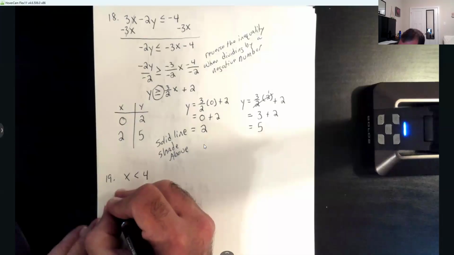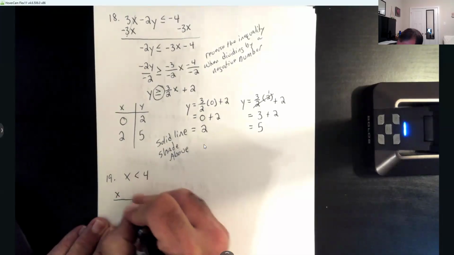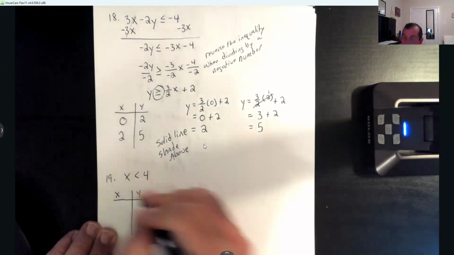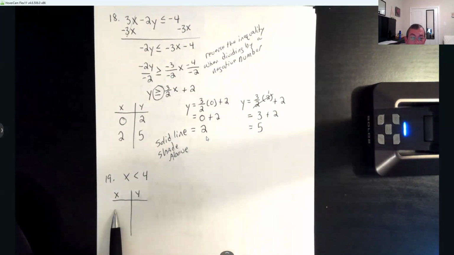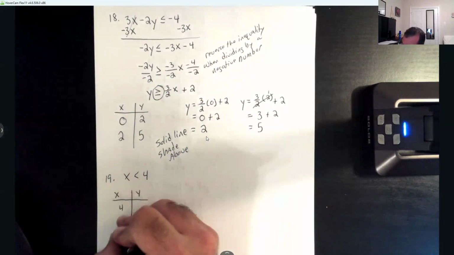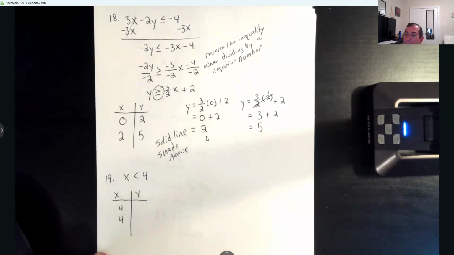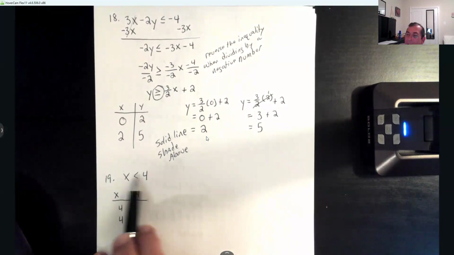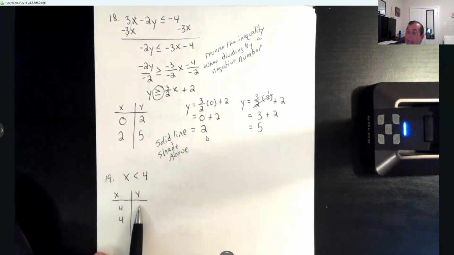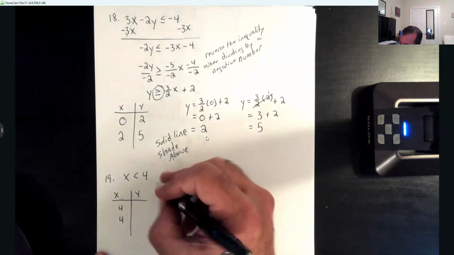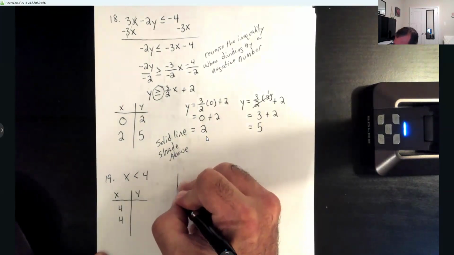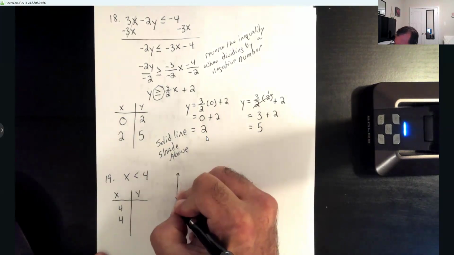The one thing you got to realize, if you was to make a table for this one, every x value has to be 4. It don't even give you a y variable up here. So you can pick any two numbers you want for the y value. It don't matter what two numbers you pick, as long as that x value is 4.